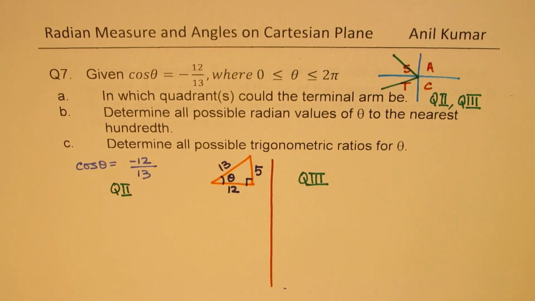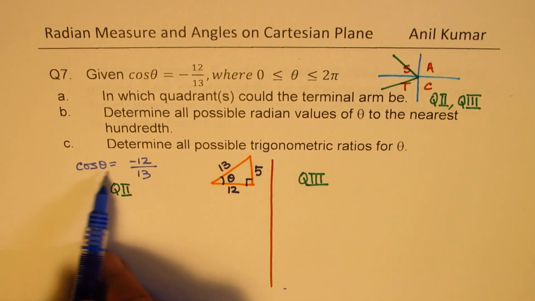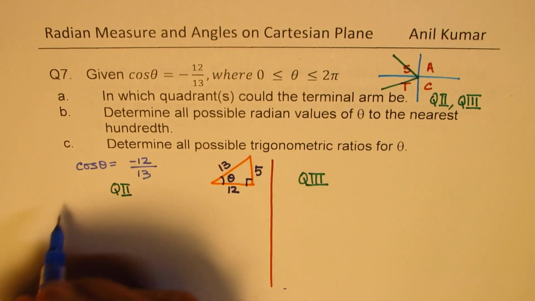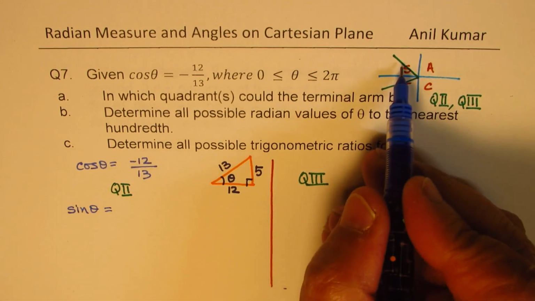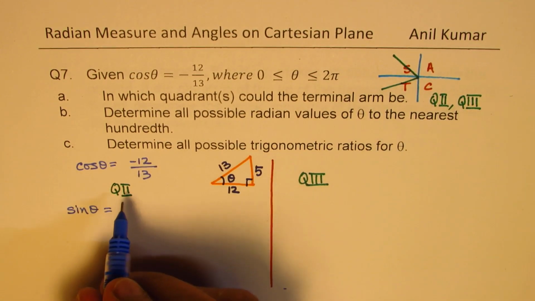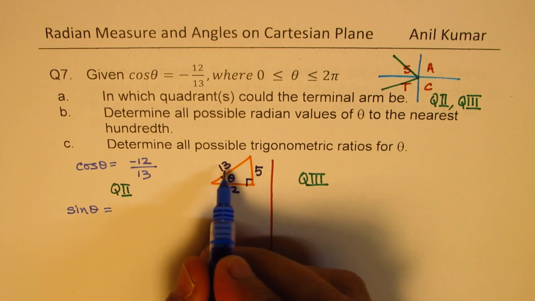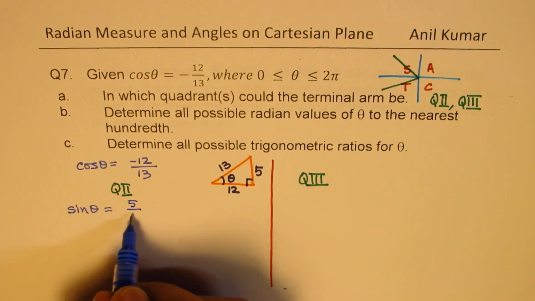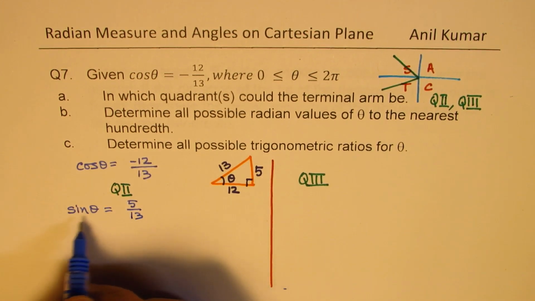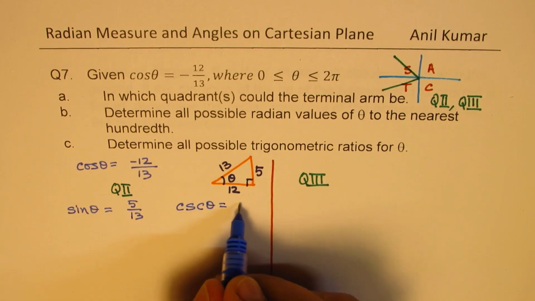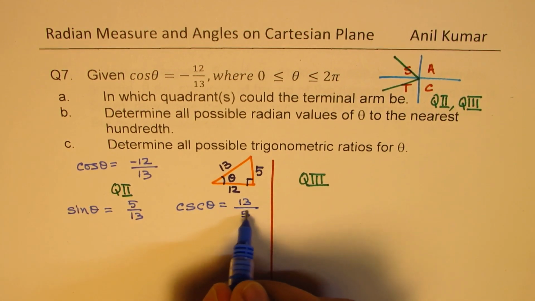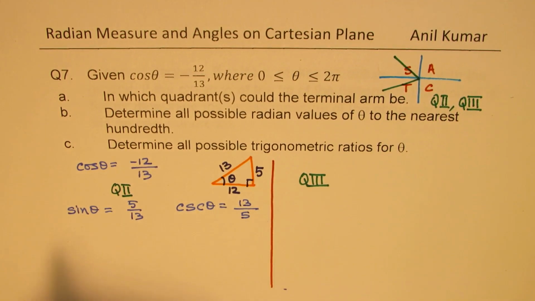Now let's write down the other trigonometric ratios. So cos theta is minus 12 over 13, which is known to us. Now sine theta, if you are working in quadrant 2, sine is positive, so it will be 5 over 13, correct? Reciprocal of sine is cosecant, right? So cosecant theta will be 13 over 5, which will also be positive.